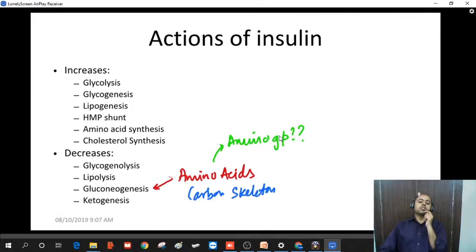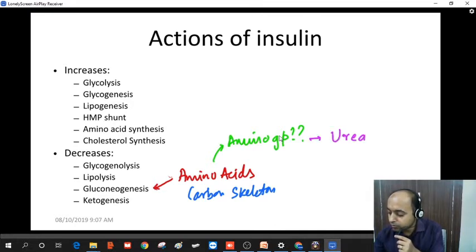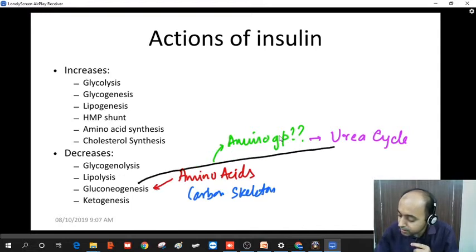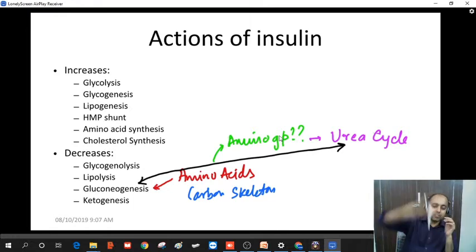The amino group will undergo conversion to urea by the urea cycle. So remember, the gluconeogenesis and urea cycle will be linked. If gluconeogenesis rises, the urea cycle will also rise. If gluconeogenesis is suppressed, the urea cycle will also be suppressed. They are linked. So you should remember this point.